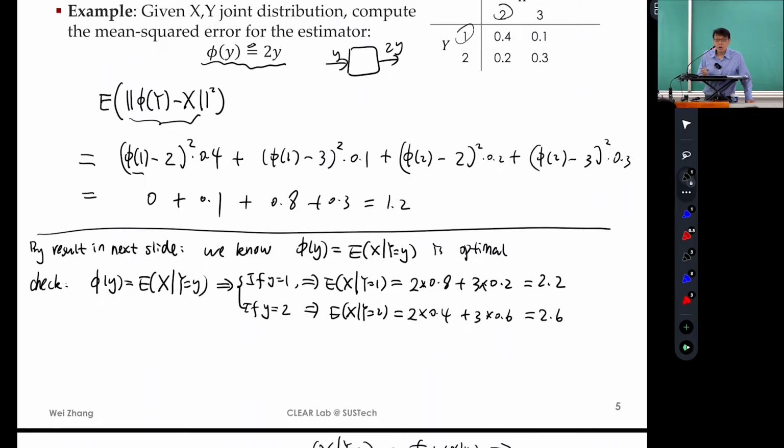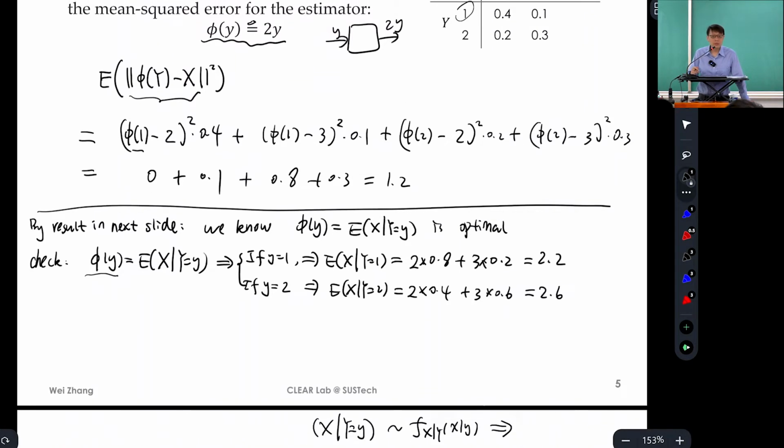Are we done? No, we only found a value; we need a function. What is a function? A function is a mapping from argument to a value, right? So is this a function? Yes. You tell me a y, I can tell you its value. If y is 1, I tell you 2.2. If y is 2, I'll tell you the best estimate is 2.6.